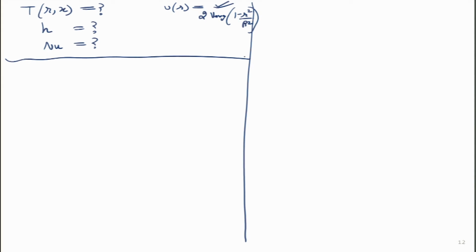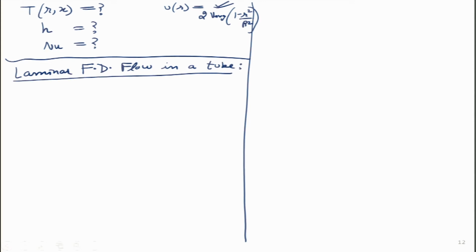So, let us try and obtain these values for the following condition. The flow has to be laminar, and it has to be a fully developed flow flowing inside a tube or a pipe. So, let me create the background for that.